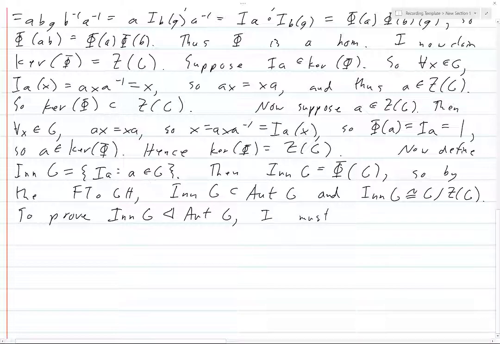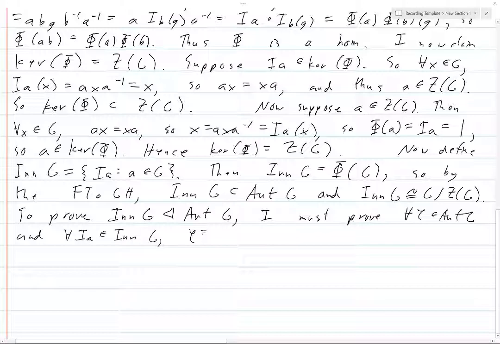So my script says I must prove that for all phi in Aut(G) and for all I_A in Inn(G), phi inverse I_A phi is also contained in Inn(G), i.e. phi inverse I_A phi equals I_B for some B in G.